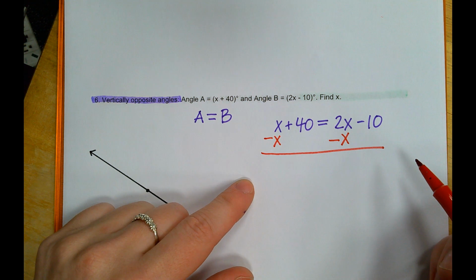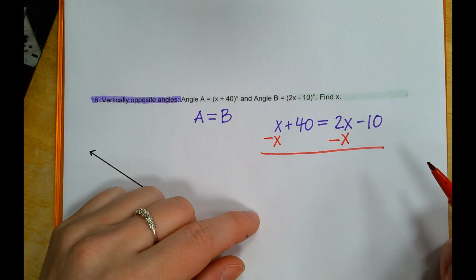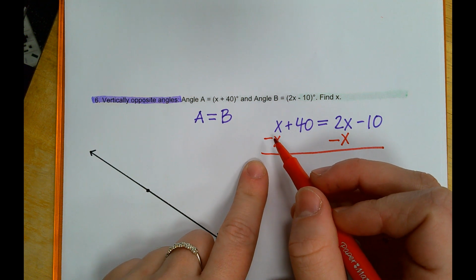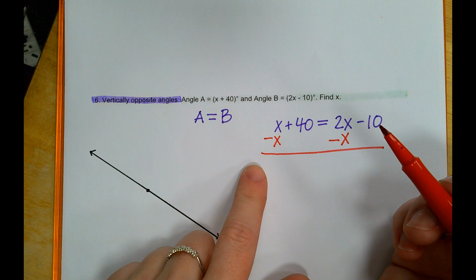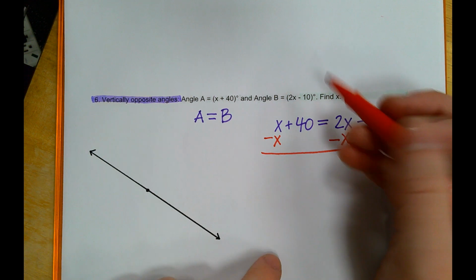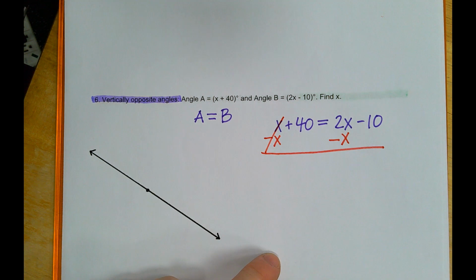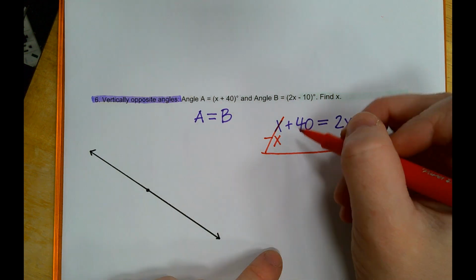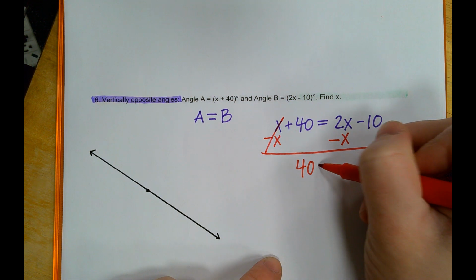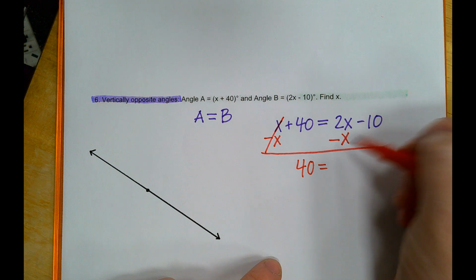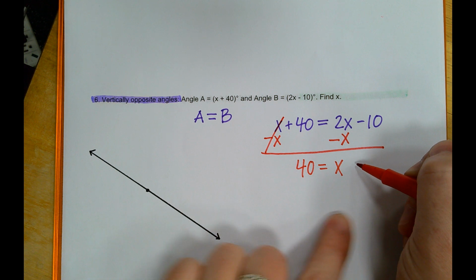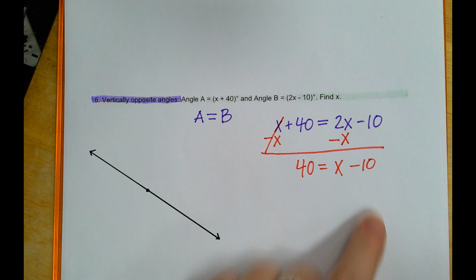You move the 1x. Exactly, because if we moved 2x over to the right side, we would have to divide by a negative at the end, because then we're going to have a negative x. So I think this was definitely the smarter choice. Okay, so my x's on the right side are gone. Now I've got 40 equals, what's 2x minus x? Yes, it's x minus 10.